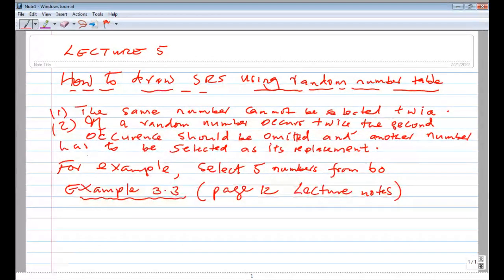Now, let's consider example 3.3. You see that? Example 3.3 says: use table 3.1 of random numbers to select 5 numbers from 60. Table 3.1 is a random number table. Let me write some of the values there, in case some of you don't have the lecture notes right now.